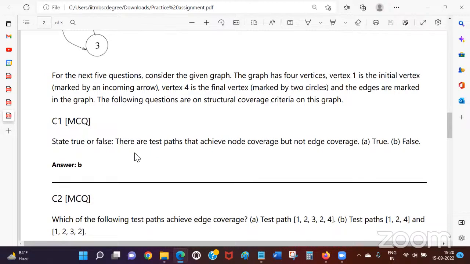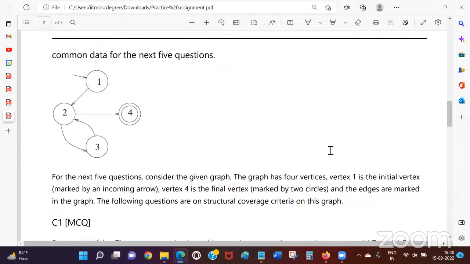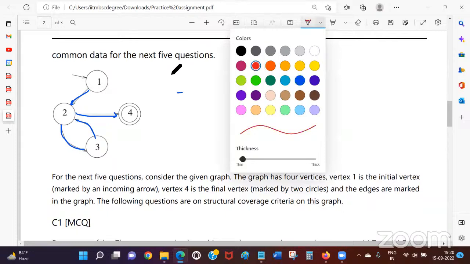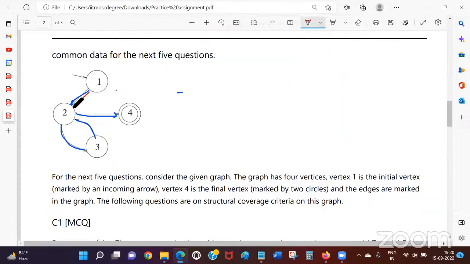State true or false: there is a test path that achieves node coverage but not edge coverage. So for this graph, can I have a path set that does node coverage but not edge coverage? If I look at this particular graph, there is only one path, I assume. You have to always go like this. Oh, there is another one. You can also go like this.